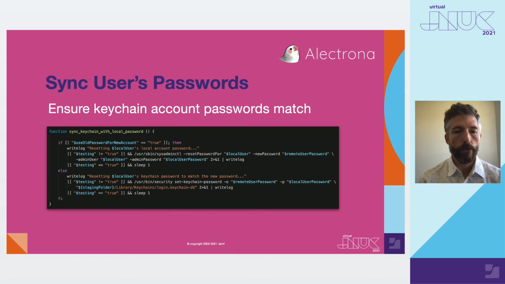So again, either we'll use sysadminctl to update the password for the local account to match the old keychain, or we'll use the security binary to change the old keychain password to match the existing user's password, so that when that user gets logged in, they don't have any issues with their keychain, which you often might see if you're manually transferring data, especially if you're including the user's library folder.